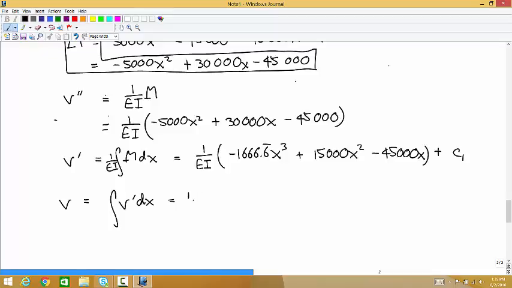And so now we integrate this, you get, what's that going to be? 416.